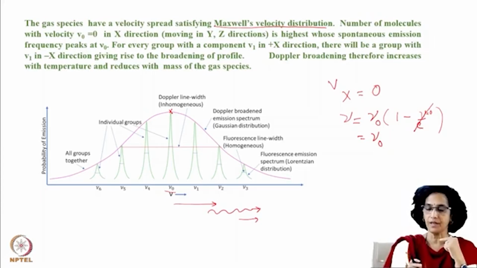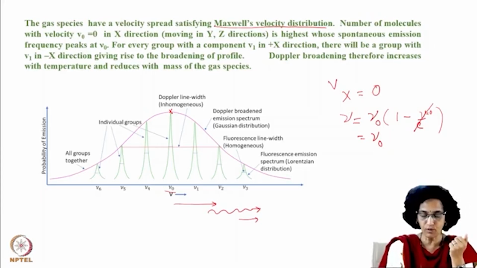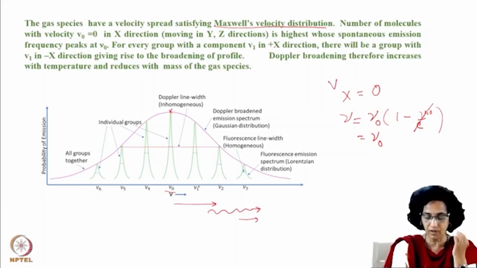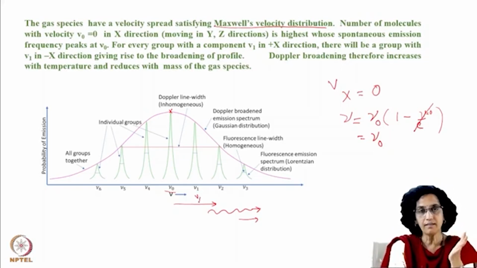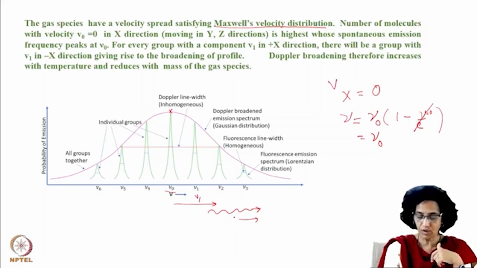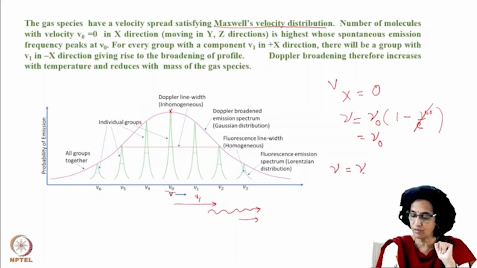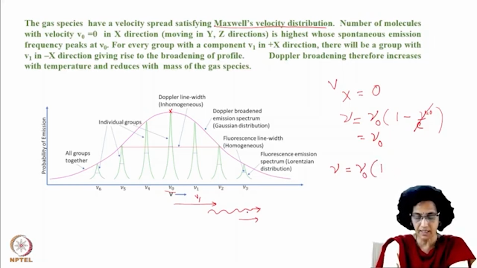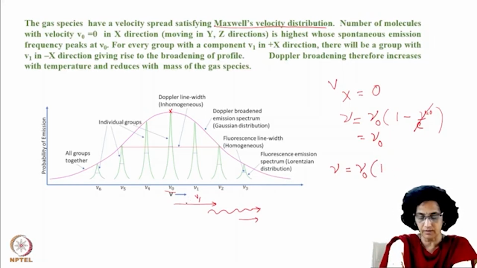Now consider another group of molecules which have, suppose, velocity v1 in the x direction. When it emits also in the x direction, what will happen? The nu that will be emitted is nu 0 into 1 plus v by c, since it is also emitting in the x direction toward your observer, so it is moving in the x direction.